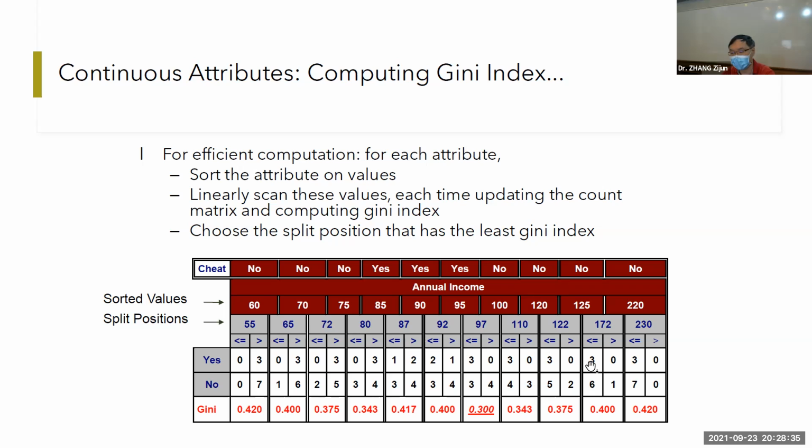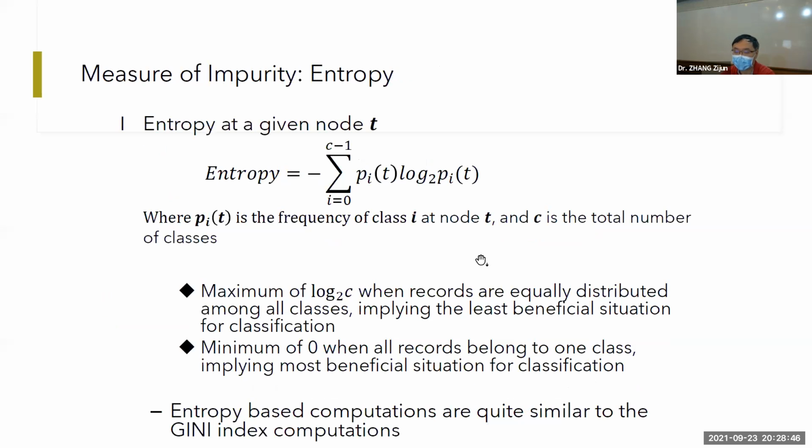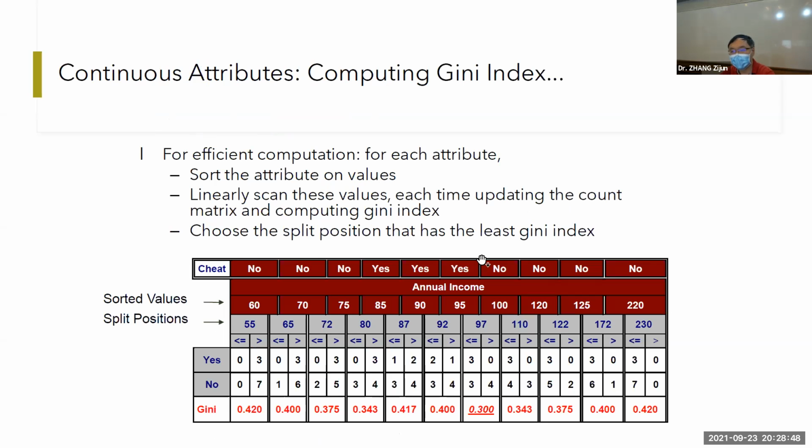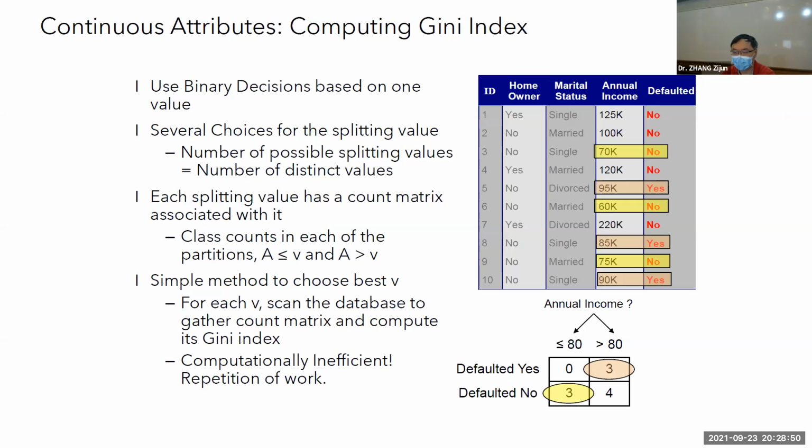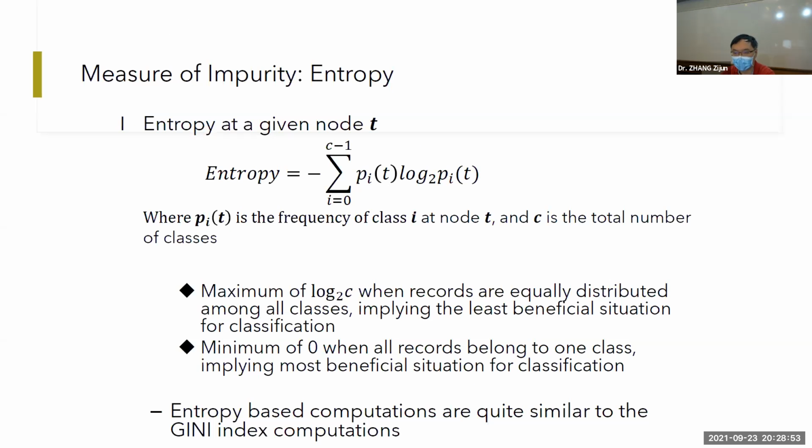So we set V equal to 97 as the split criterion for splitting the continuous attribute into two parts. That is the computation of the impurity measure based on the Gini index.